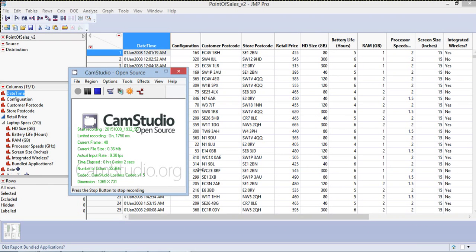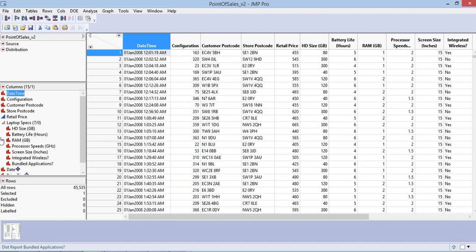Okay, so now after combining the data from the laptops data table and the point of sales data table, we can see that the point of sales data table is filled up with the laptop specifications and laptop components, which are obtained from the laptop's data table dataset.